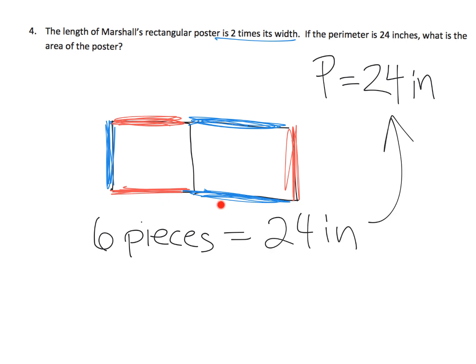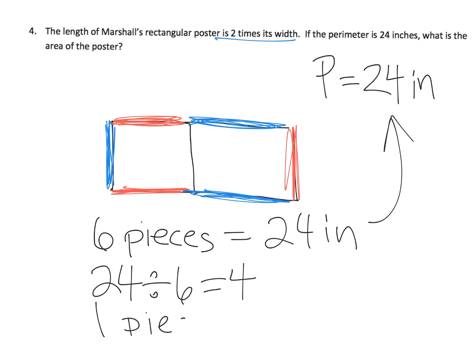If we walked all the way around the block, we would walk 6 units, and that equals 24 inches. That means if we do 24 divided by 6 and get 4, that tells us one piece is equal to 4 inches.